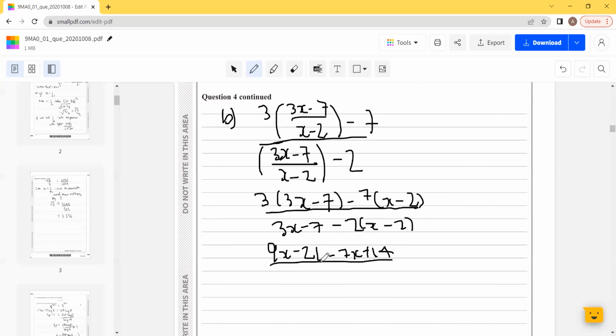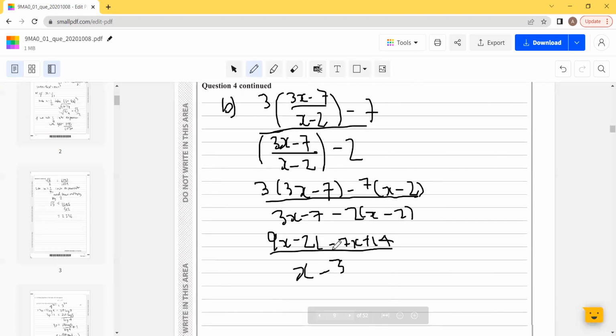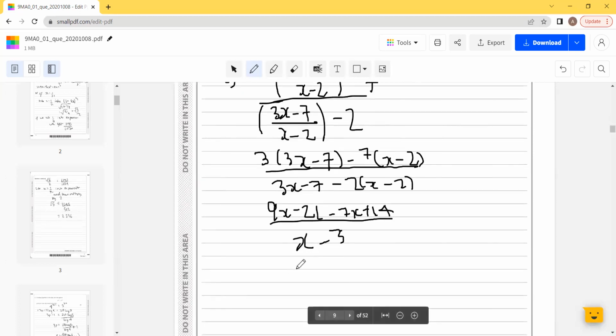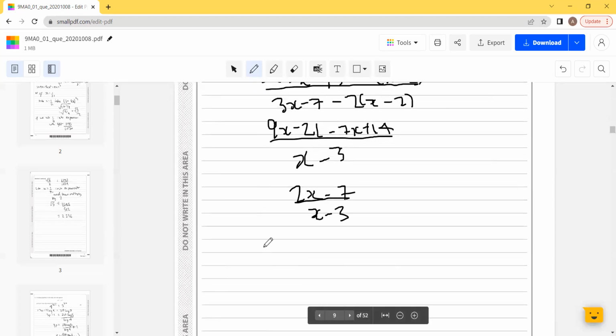And I get at the bottom, x minus 3. So I'm left with 2x minus 7 over x minus 3. So a is equal to 2 and b is equal to minus 7.